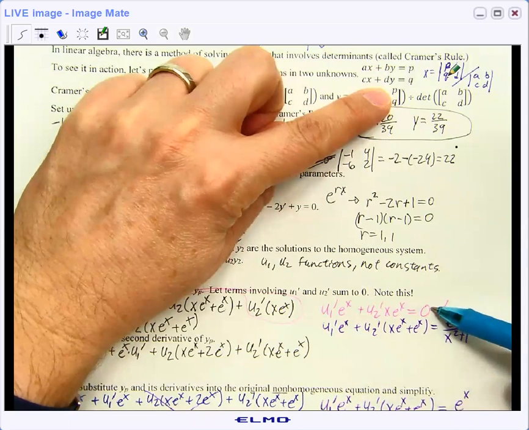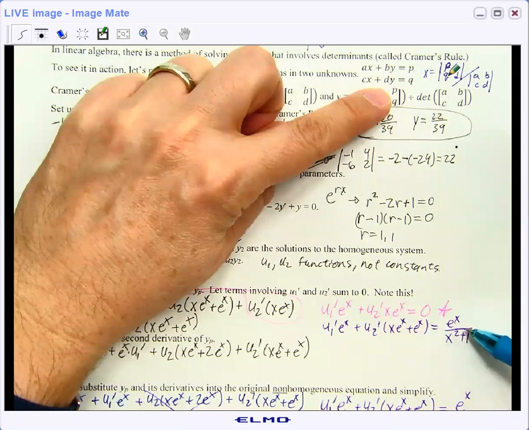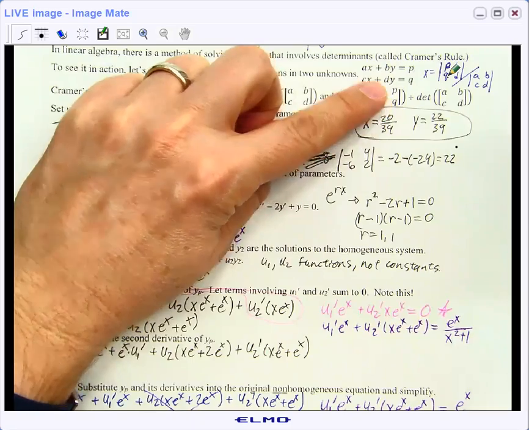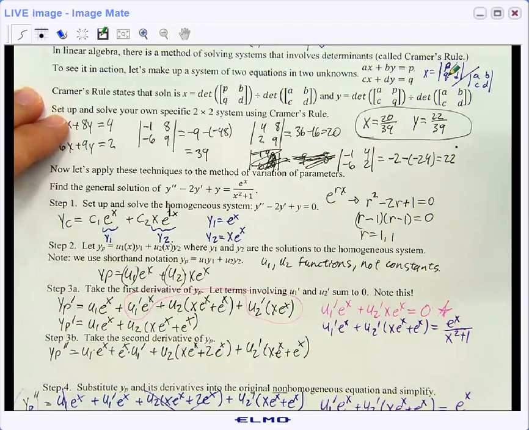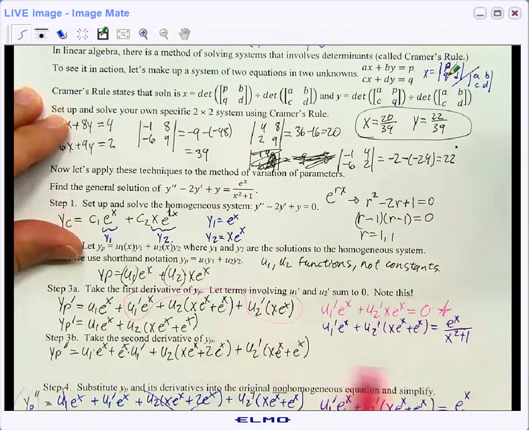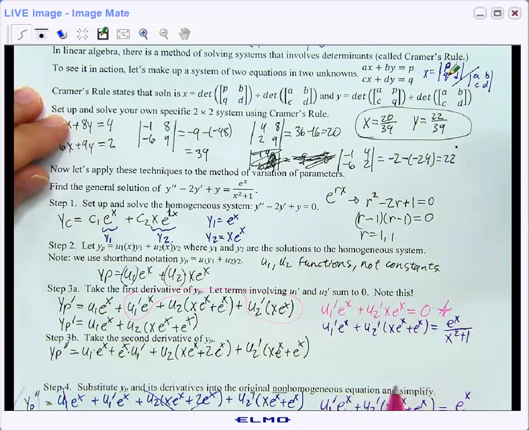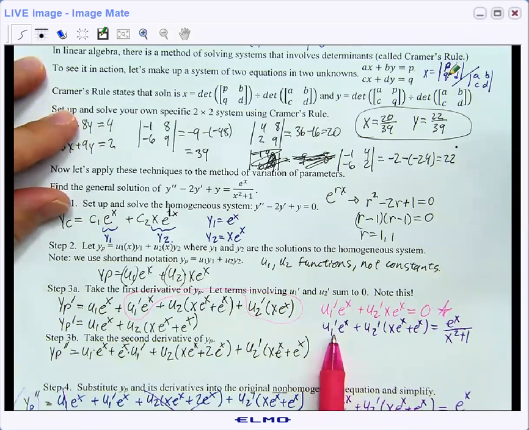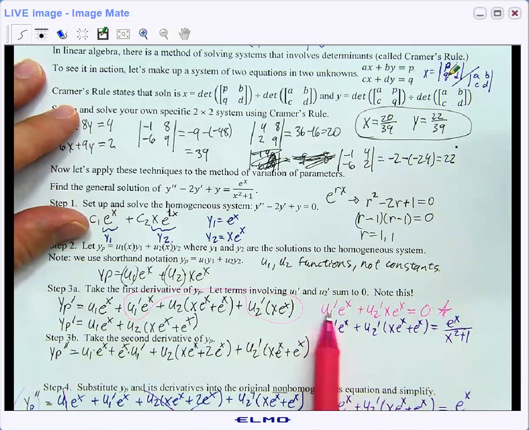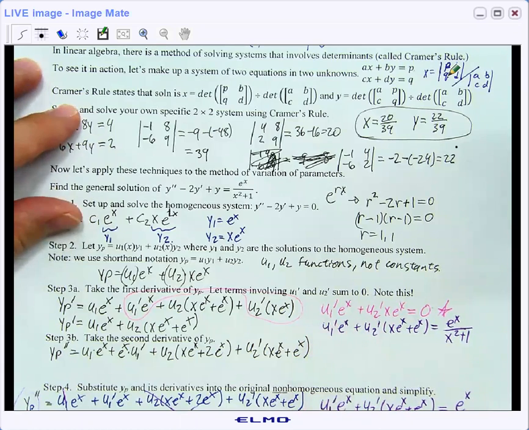The 0 would be p, and q would be e to the x over x squared plus 1. So in essence, using these two lines here from step 3 and step 4, we've set up a system of two equations and two unknowns. But now these unknowns are functions, u1 and u2, technically u1 prime and u2 prime.